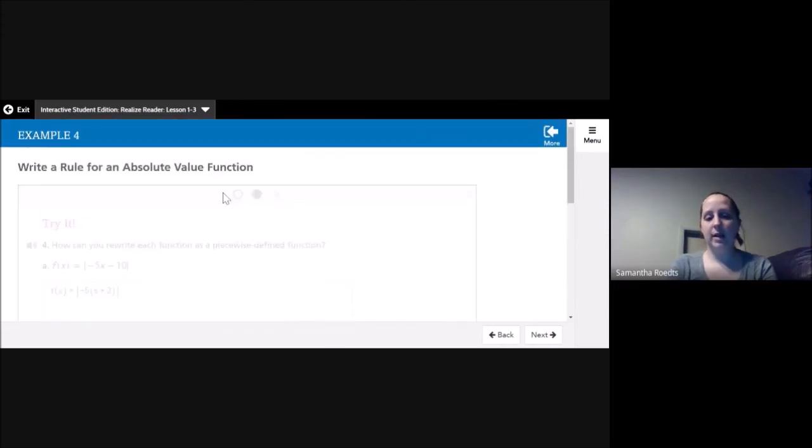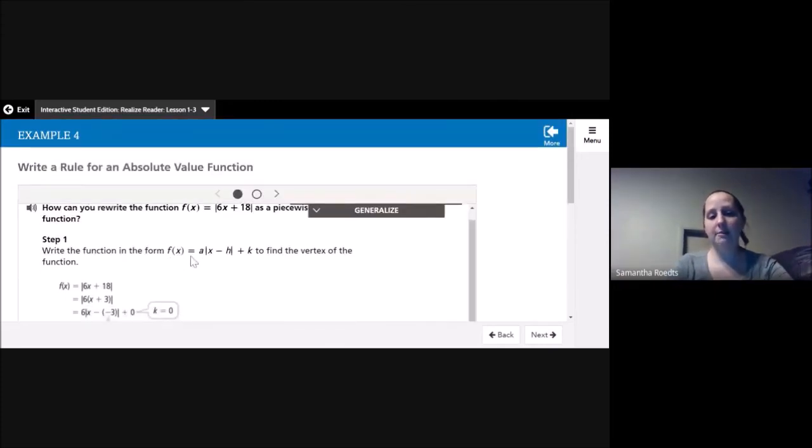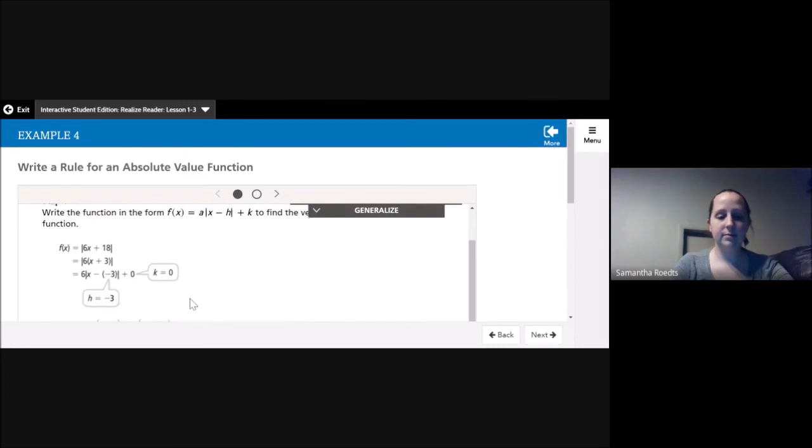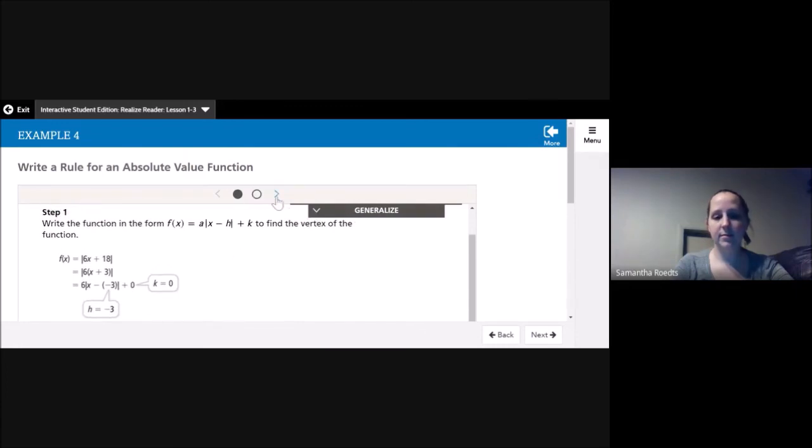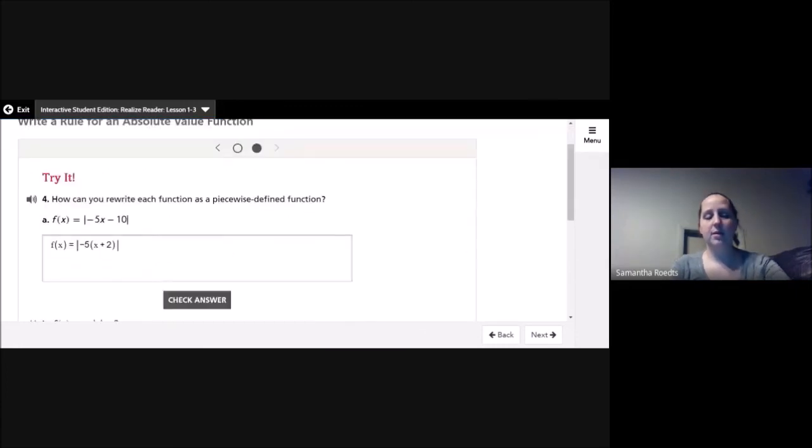So, again, like I said over here, we want to rewrite it as f of x equals a times the absolute value of x minus h, plus k. So this is going to give me f of x equals 5 times the absolute value of x minus negative 2, plus 0.